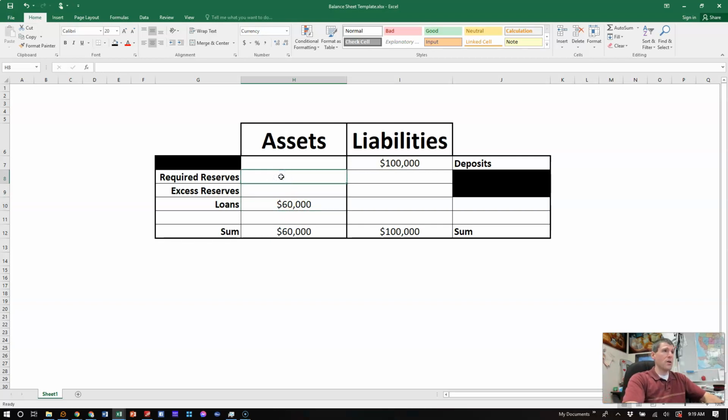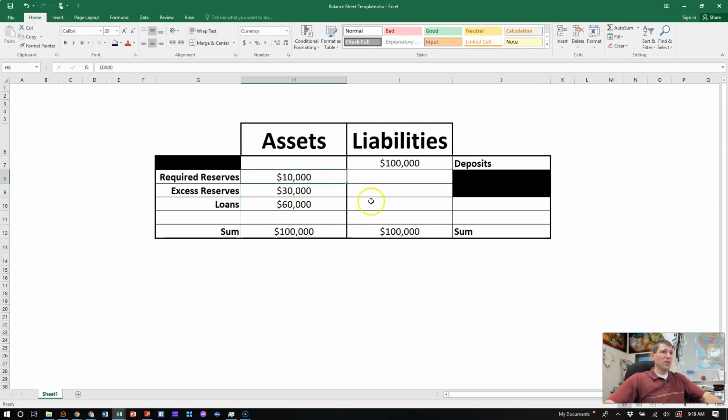Let's say that there is $10,000 in required reserves, and so therefore there is $30,000 in excess reserves. Okay. So again, the two sides equal each other. 100,000 here, 100,000 over here. All right. So 10,000 in required reserves, 30,000 excess reserves, $60,000 in loans.